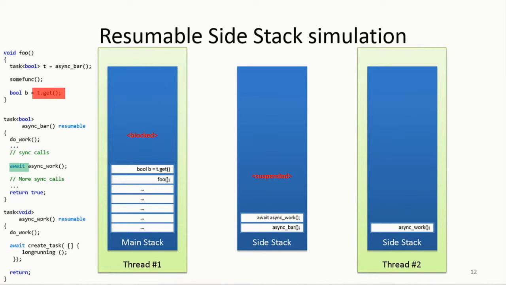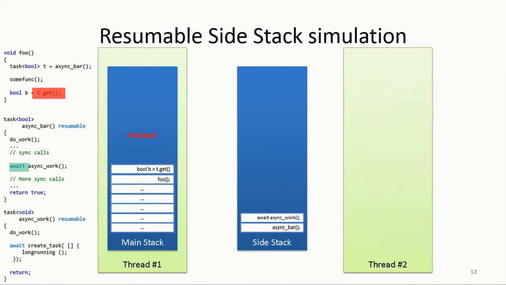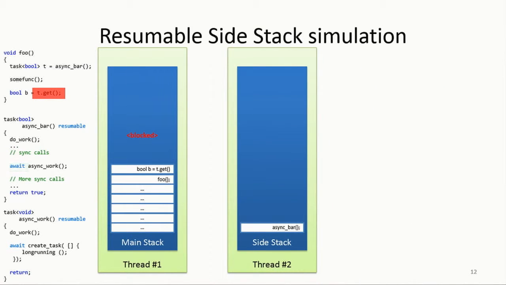Okay, so async work is now done. It can now return a value. When we return a value, it unblocks async bar. Async bar was waiting for async work. Async work is done. Async bar can now run. Now similarly, it can go run some more code on a thread that it just got.